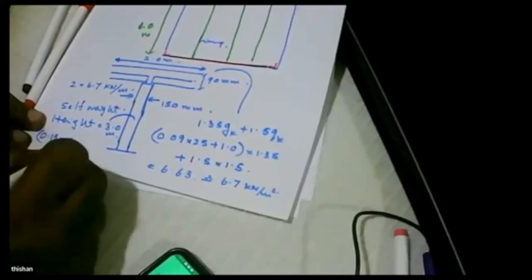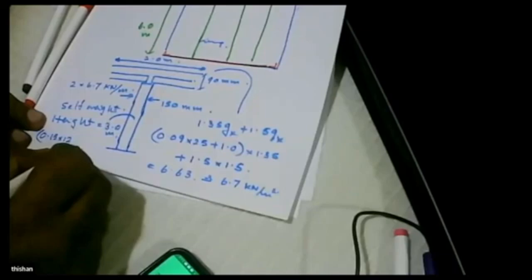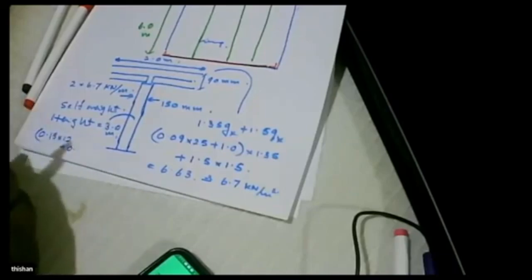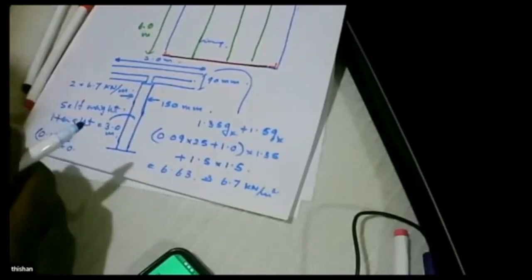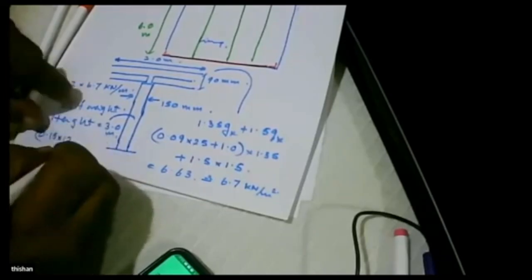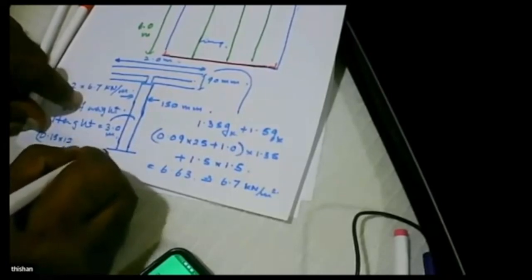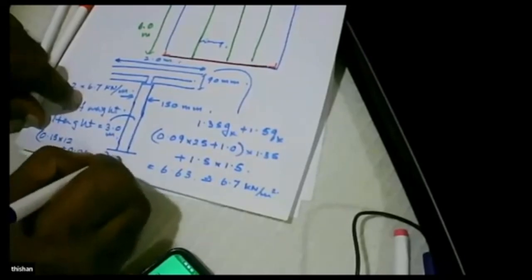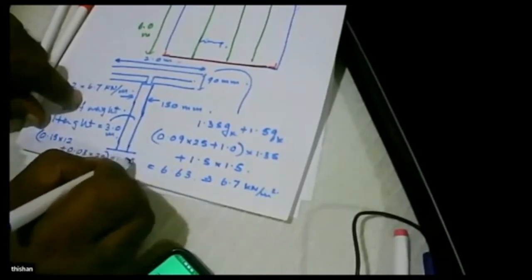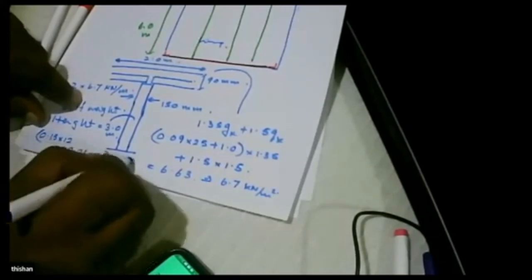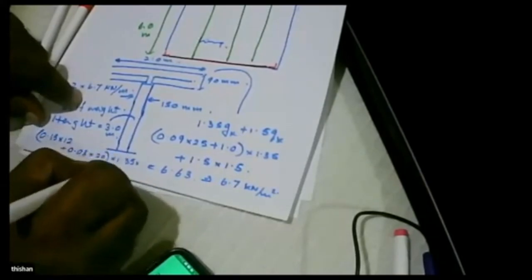Plus, if we assume that we are going to have a plaster, the whole idea of the use of high quality block work is to avoid the plaster, but still we'll assume that we are going to get a plaster of 15 millimeter thickness on either side, of a density of 20, into 1.35, and we have to multiply that by the height of the wall as well.